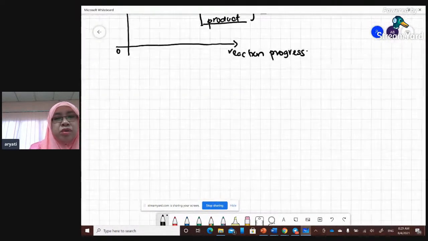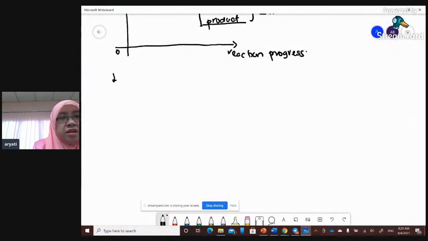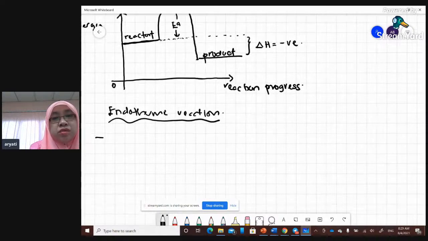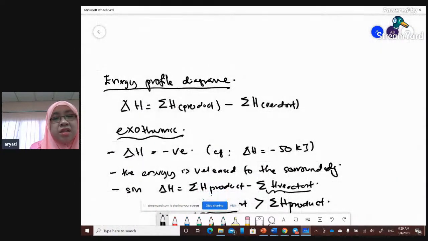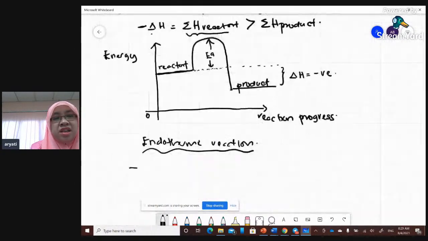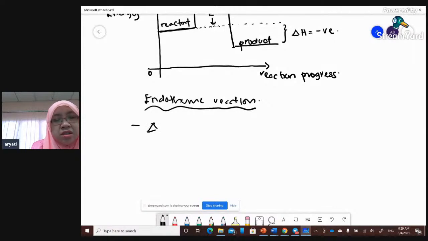Okay, so now we want to learn the criteria for endothermic reaction. Okay, so for endothermic reaction, we will find that the value for delta H is positive.